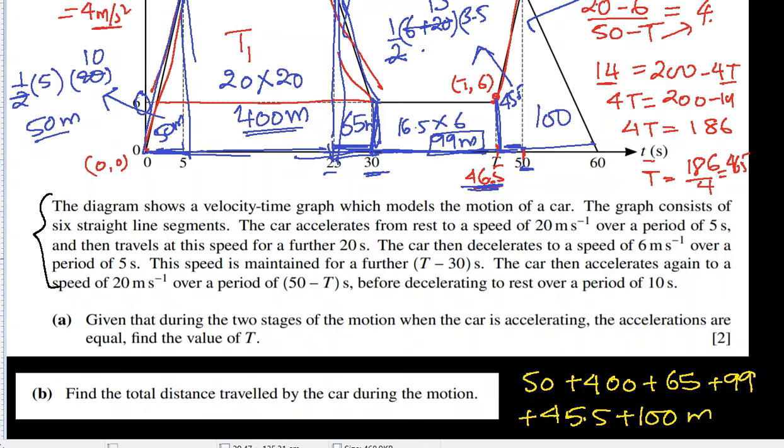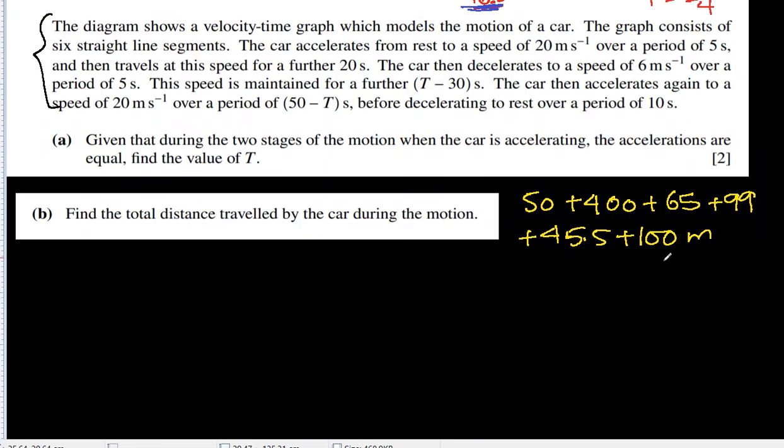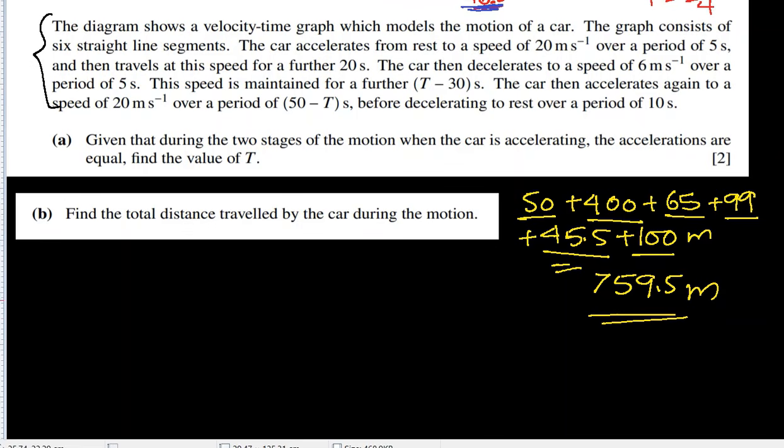That comes out to be 400, 500, 599, 649, 714, and 759.5 meters. That's the total distance traveled.